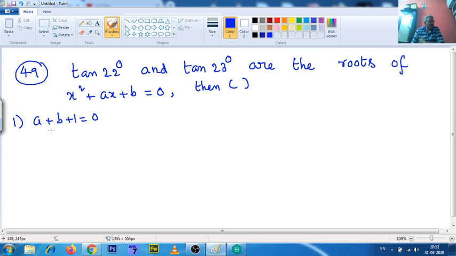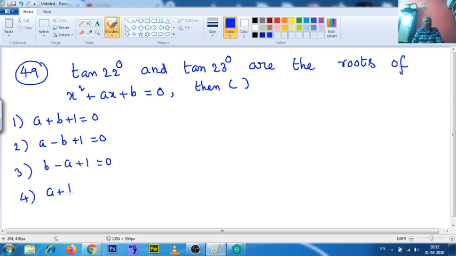R value is (p plus q) by 2, because p plus q minus 2r is equal to 0. Next is a minus b plus 1 is equal to 0. Third option we have b minus a plus 1 is equal to 0. Fourth option we have a plus b minus 1 is equal to 0.